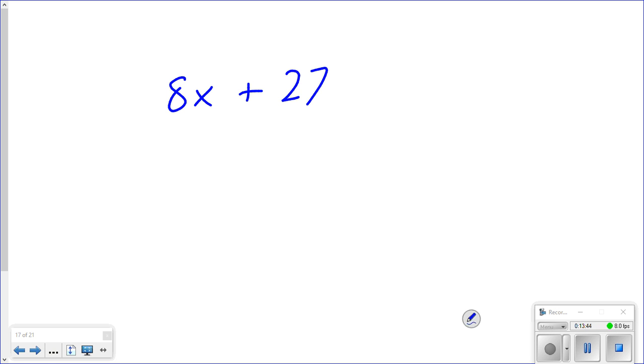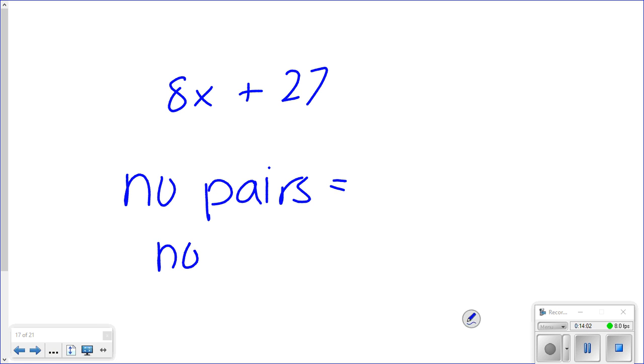So what do they share? What's the only thing they would share then? One. If the only thing they share is 1, they don't share any other factor, it's not possible. 8x and 27 have no pairs, so not possible.